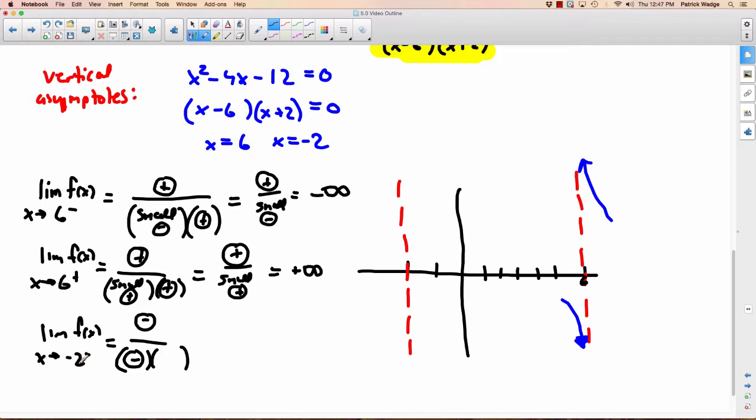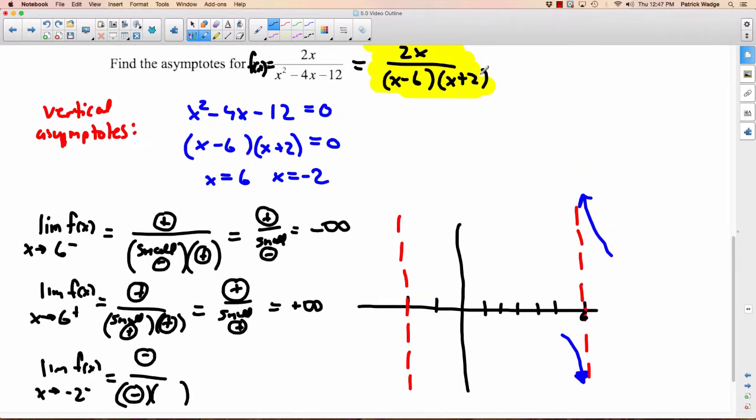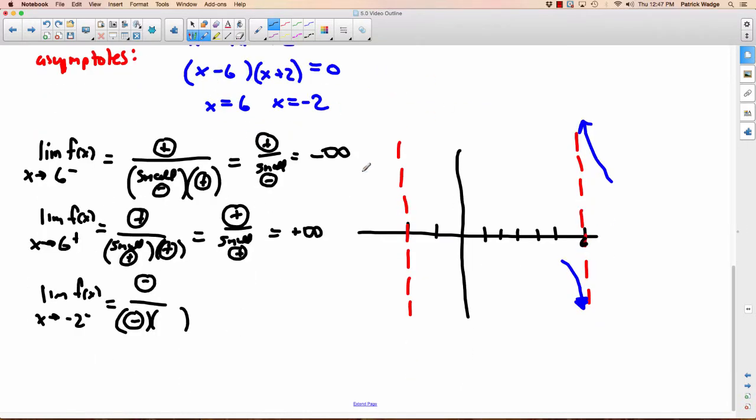That's -2.0001 or something. If I add 2, do I get back to 0? Not quite. So I'm stuck with a very small negative. And then if I multiply the bottom, I'll still have this negative on the top. A small negative times a negative gives me a very small positive.